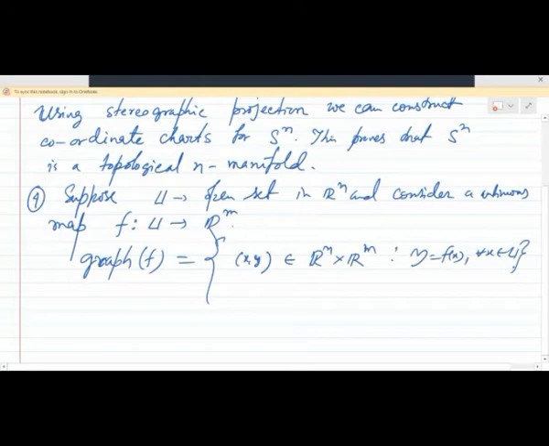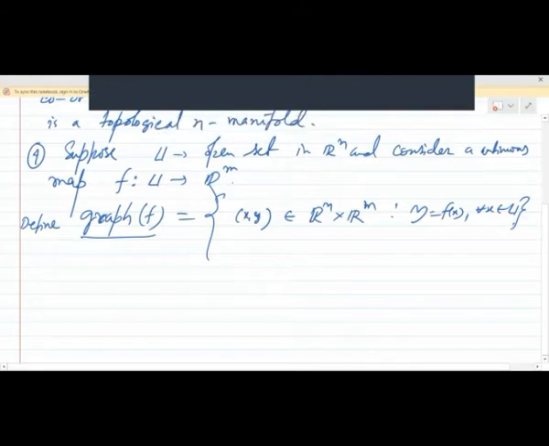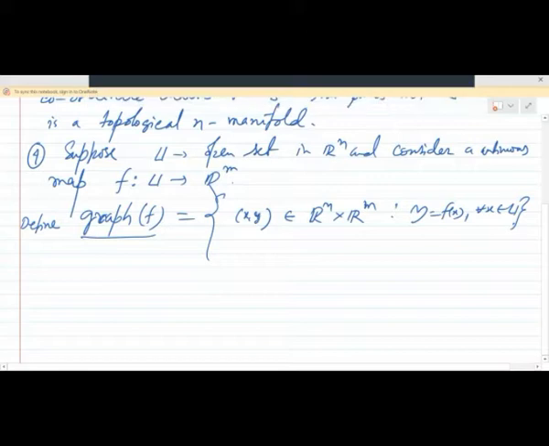So you can define this set, and since this set is a subset of the Euclidean space R to the power n plus m, you can impose the subspace topology on this graph of f.